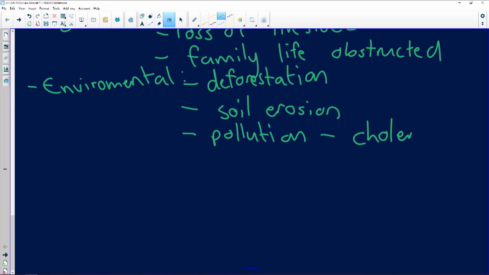And the biggest killer is bacteria, we call it cholera outbreaks. Once again, these cholera outbreaks have a negative effect on social consequences. If you think of Mozambique, it's a developing country, fewer doctors, and fewer supporting systems like ambulances, hospitals, emergency care services. So the death toll can be quite high.